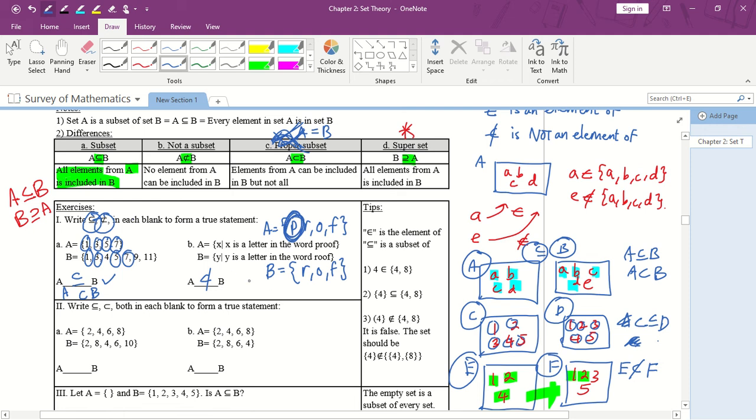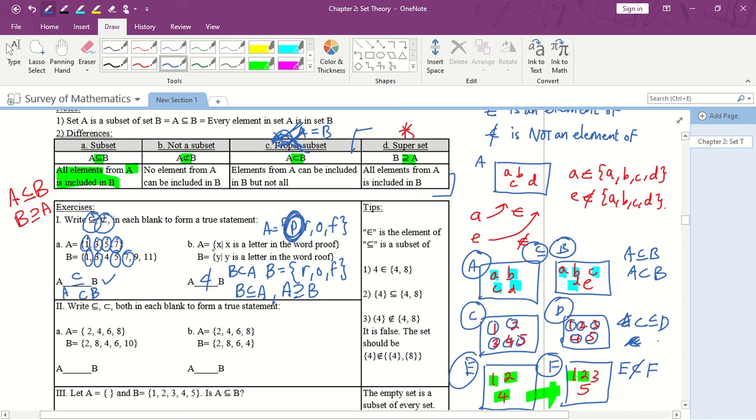However, if you want to make it a subset, you can write it as B is a subset of A, because all elements from B are in A. Or if you really want to, you can write it as A is a superset of B. However, remember, superset is not really part of our curriculum, so you can just ignore it. Also in this case, although this question doesn't give you the option, you can also write B is a proper subset of A. Okay?